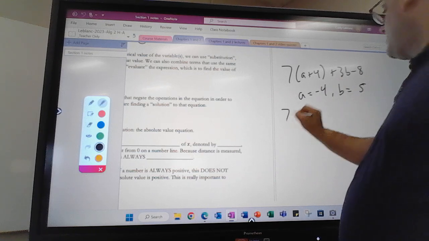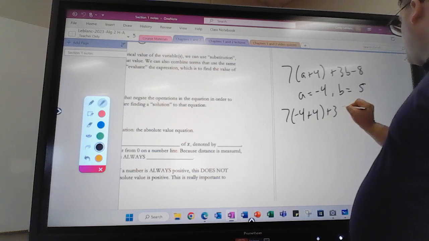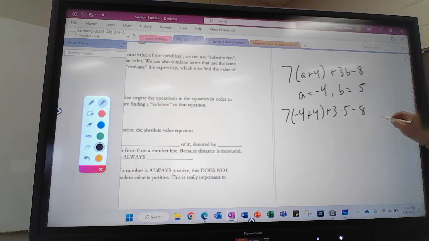Okay, so it's 7, -4 plus 4 plus 3 times 5 minus 8. Okay, so you always start with your parentheses first, then evaluate any expressions with exponents, multiplication and division from left to right, addition and subtraction from left to right. Okay, we cannot forget order of operations.